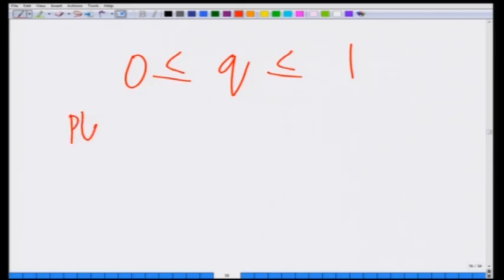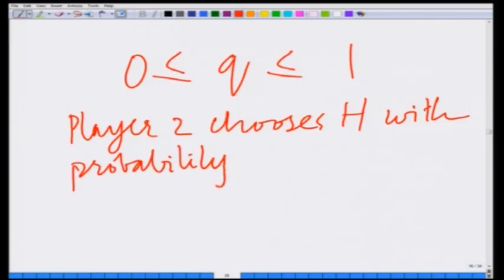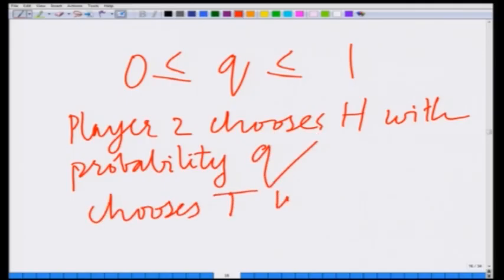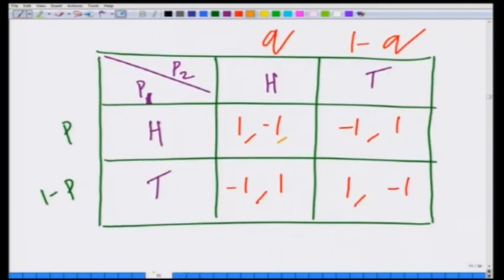So player 2 chooses H with probability q and chooses T with probability 1 minus q. Again, to determine q, remember we have to look at the payoffs of player 1.